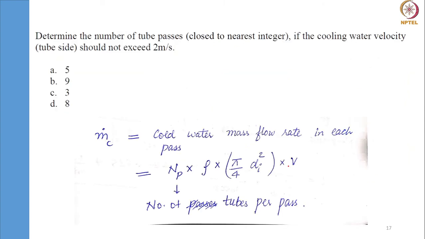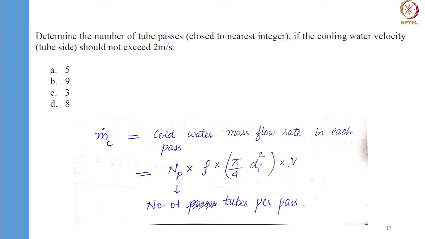Okay. So for the same question, I am interested in knowing the number of tube passes if the water velocity is to be kept under 2 meters per second. I have a restriction on cooling water velocity.